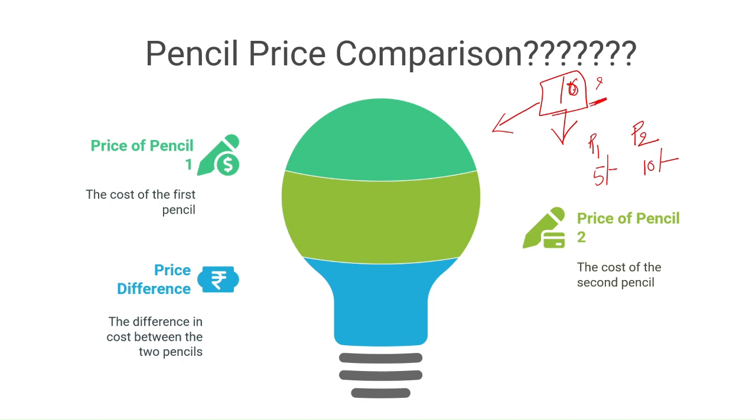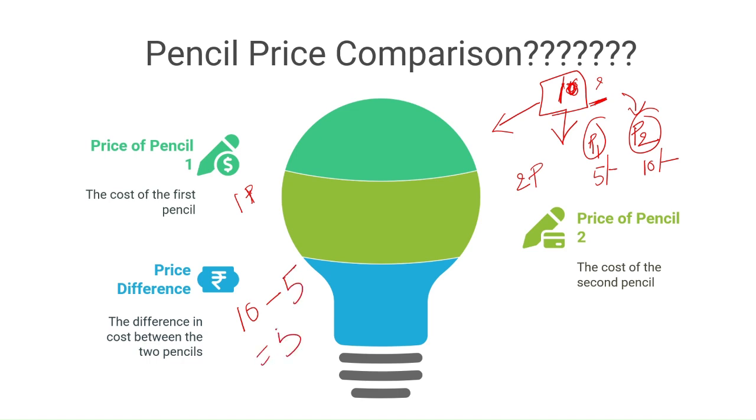If you don't have this logic, or if you don't know how to compare your things, then you will either end up spending more money for one pencil or buying two pencils with the same amount you have. So here you will get the benefit of two pencils or one pencil with the same amount. So what is the difference? At the same time, you have to calculate. By doing this exercise, you will also know, okay, pencil 2 is 10 rupees and pencil 1 is 5 rupees.